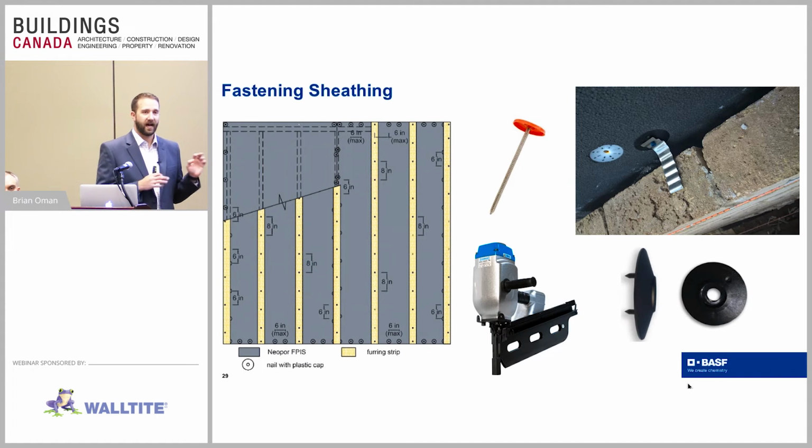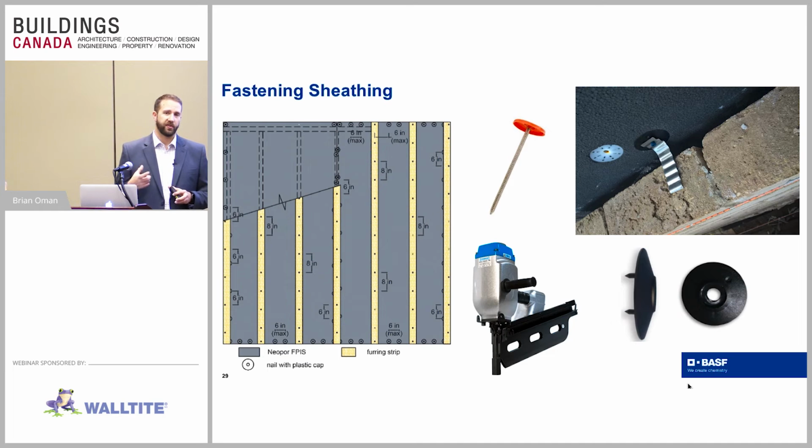In terms of fastening, a lot of people ask, what do we need to use? It depends upon the thickness of exterior insulation that you're going to utilize. If you utilize, say, an 1.5 inch expanded polystyrene, we can just use a standard framing nailer, and we can actually use these washers. The framing nailer will allow it to attach directly through the washer and fasten tight to the wall.